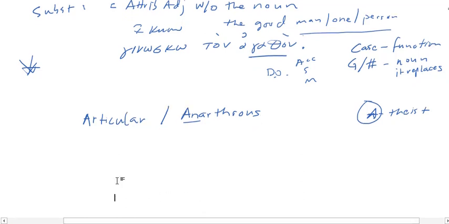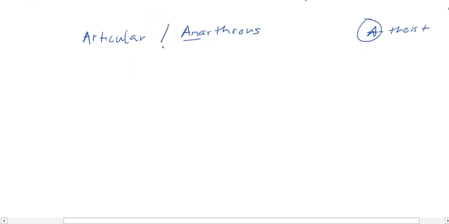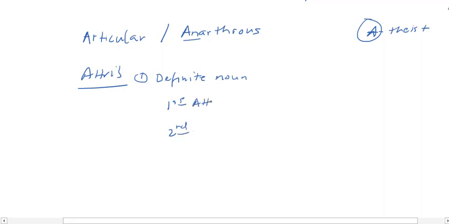When we have attributive adjectives, and they are definite, if the adjective is modifying a definite noun, then we have some attributive positions. We have first and second attributive position. Now position means placement, right? So what we're dealing with here is placement issues.